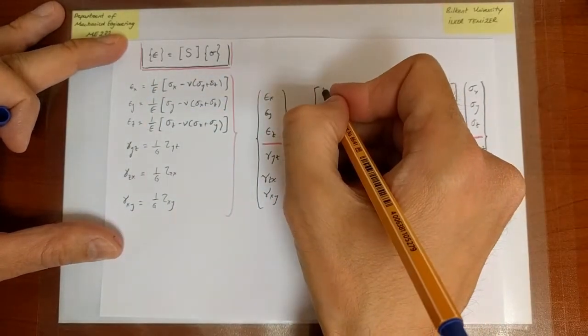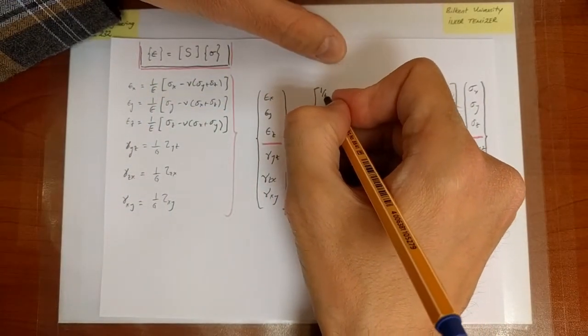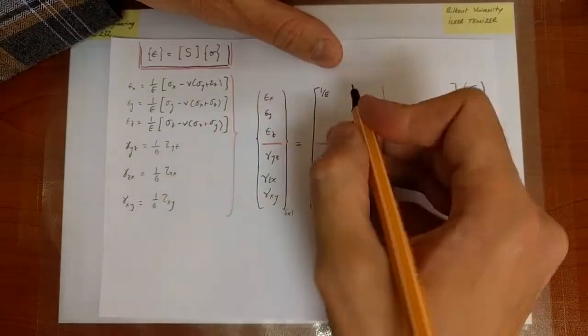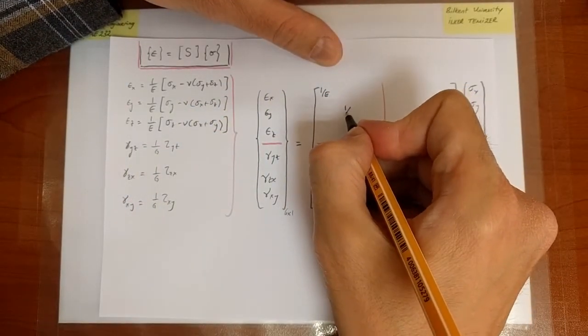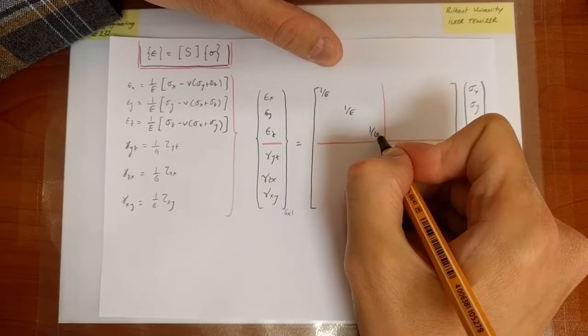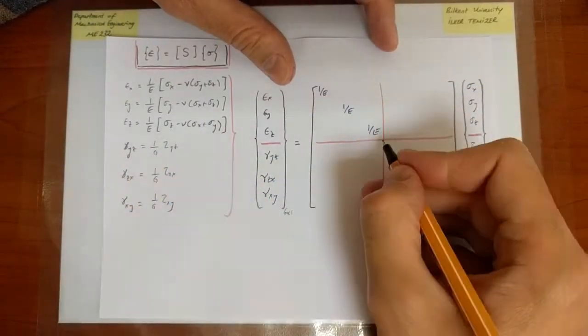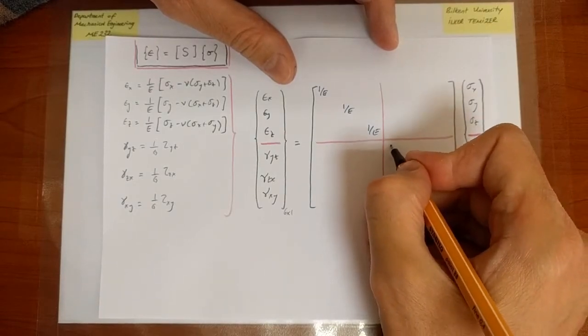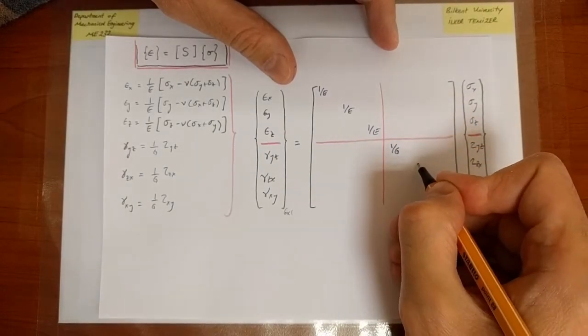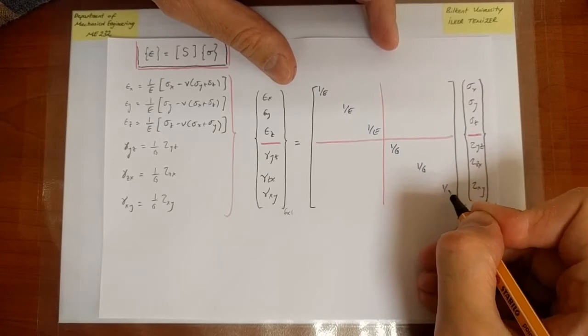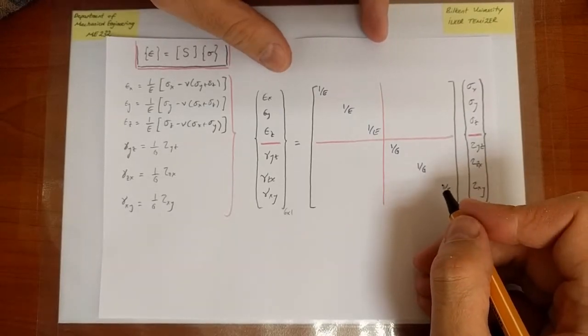Epsilon x is equal to 1 over E sigma x, same for y, same for z. Of course, there are other terms, I'm going to write them. So gamma yz is 1 over G tau yz, 1 over G, and 1 over G, right?